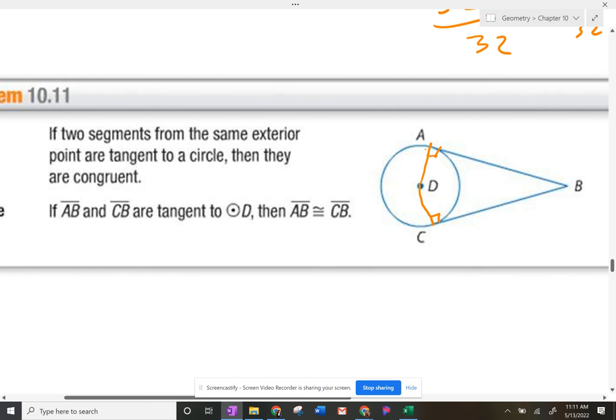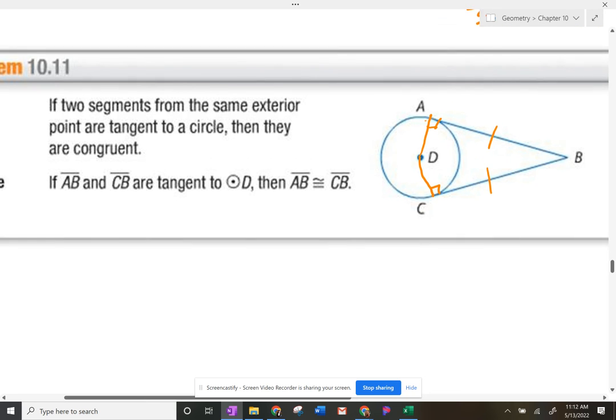Because of that, I'm showing you the proof portion of it. But because of that, each one of those sides is going to be the exact same length. So when you have two tangent lines coming together to make one point, each of those line segments is going to be equal to each other.